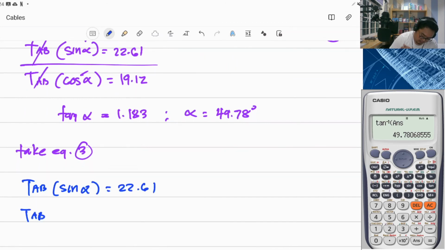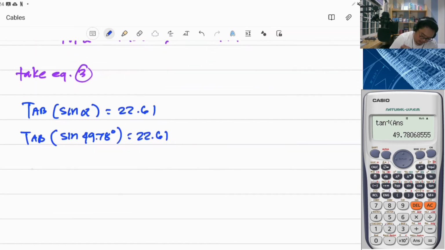So TAB sine of 49.78 degrees equals 22.61. So TAB is equals to 22.61 divided by sine of 49.78.